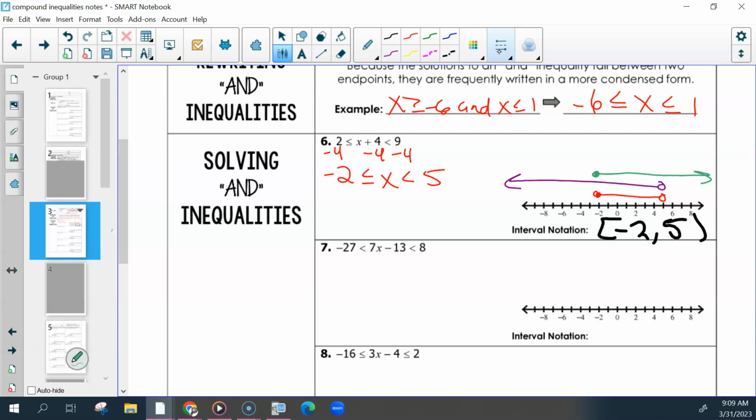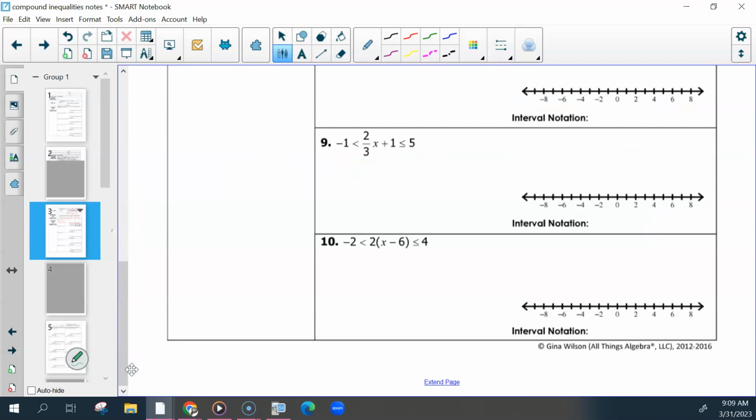And let's do the last one on this page. Let's do this one instead. 9 instead of 10. So then we would need to still get rid of the 1, so subtract 1 from all sides. How would I get rid of the 2/3?